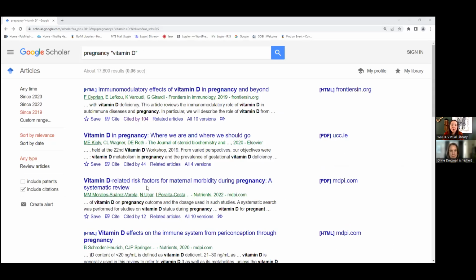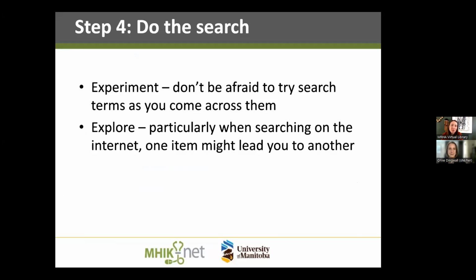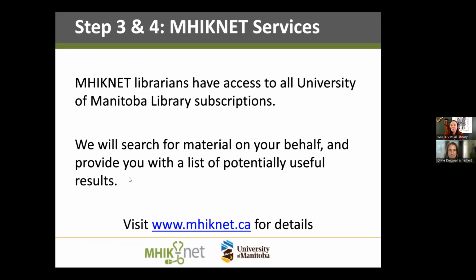So experiment, don't be afraid to try different terms, keep adding to that word list as you go, adding new things, explore. You never know where one thing may take you. And at any point you say, oh my goodness, I don't want to do this search anymore. I want a librarian to do it for me.